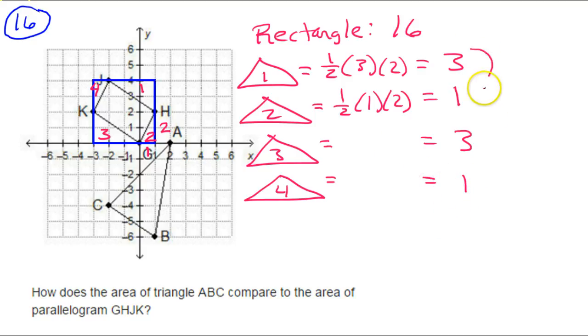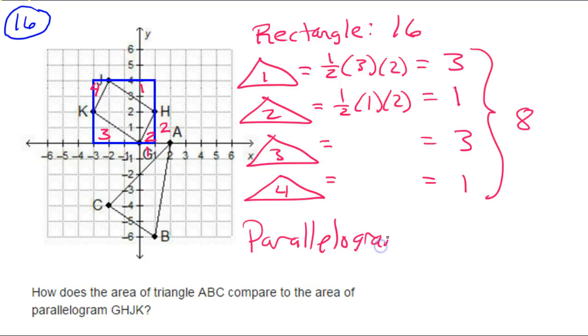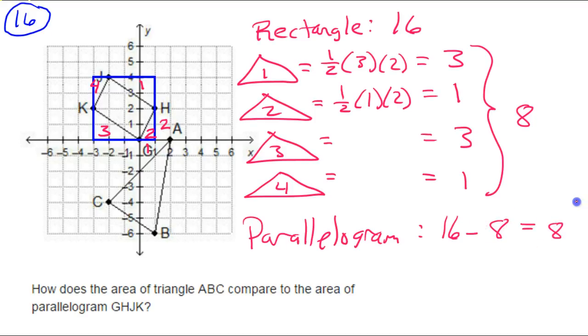If you add these up, that's 3, 6, 7, 8. Okay, so that means the parallelogram should equal the rectangle minus all the triangles. So 16 minus 8, which equals 8. So the area of the parallelogram is 8.